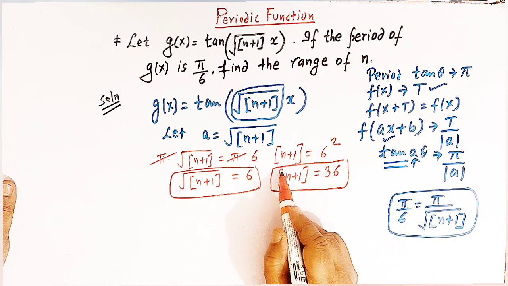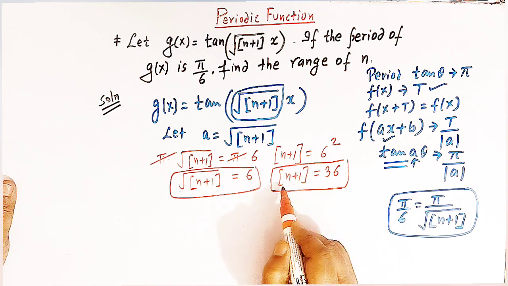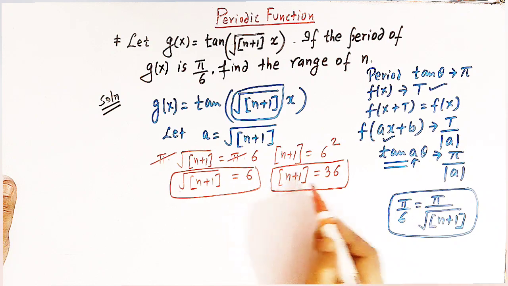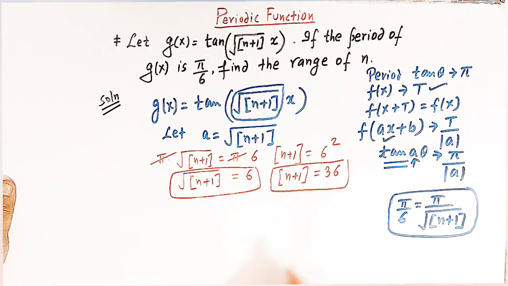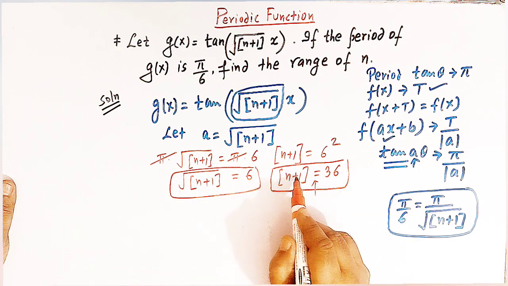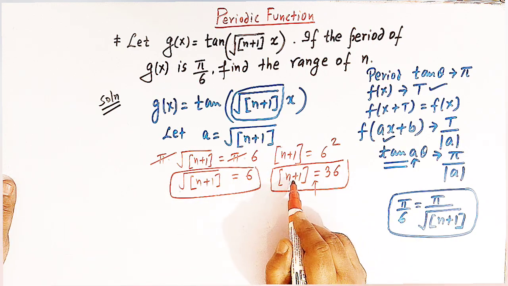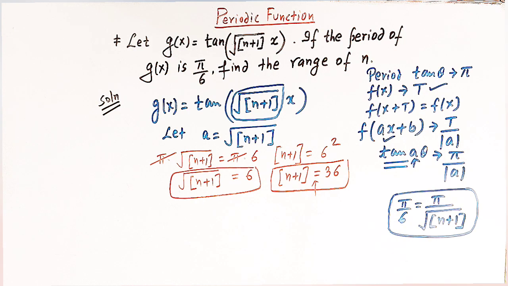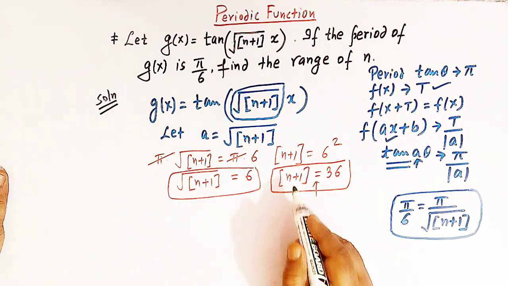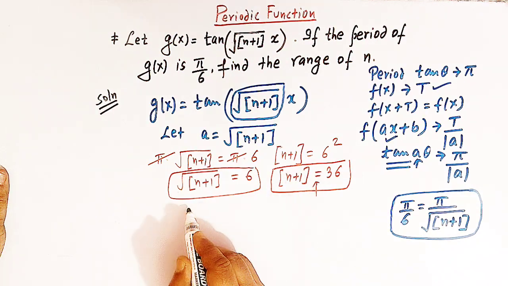Now we have the equation that the greatest integer of n plus 1 is 36. We have to use the definition of the greatest integer function to get the range of n. Let us take the help of the real number line.